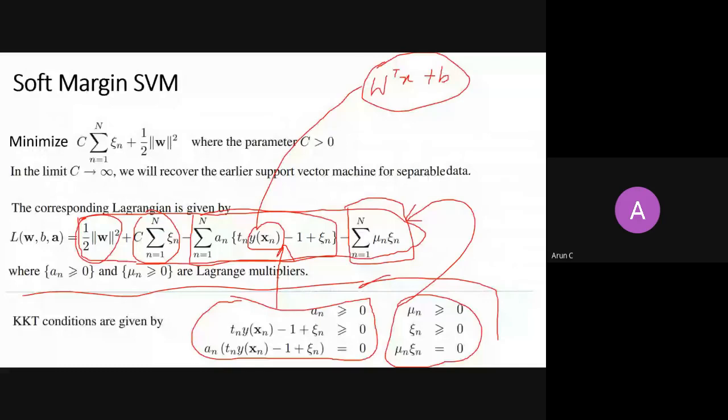The question is whether C is acting in the same way as lambda in regularized linear regression. Yeah, kind of. You have a hyperparameter to control how much you want to regularize. Though it is an inverse thing, right? If you remember, when you had lambda in your linear regression, the bigger lambda was, the more generalized it was.